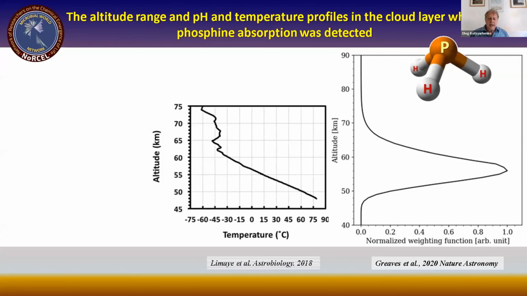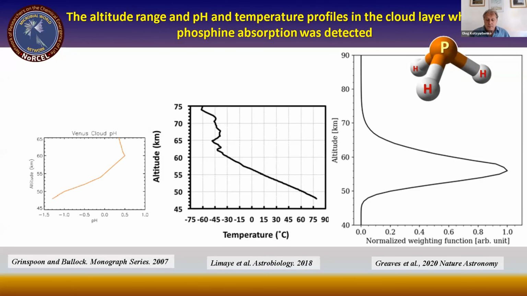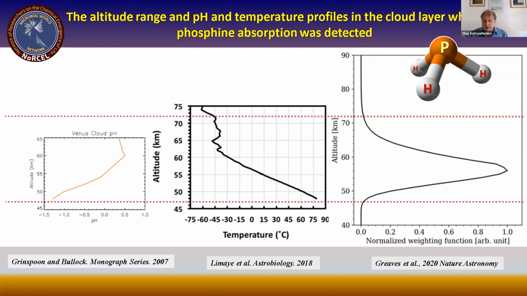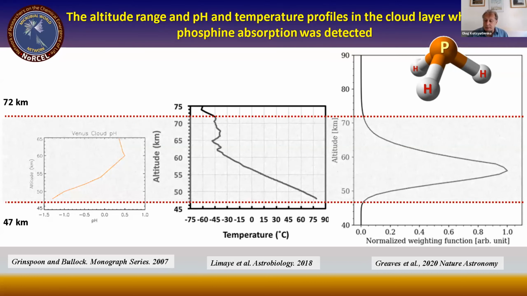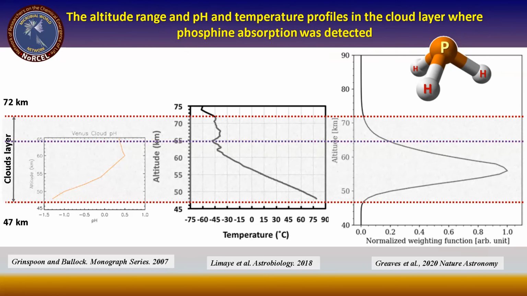On this slide, you can see how the maximum concentration of phosphine in the cloud layer of Venus coincides with physicochemical conditions that are quite favorable for the development of an extremely acidophilic microbial community.